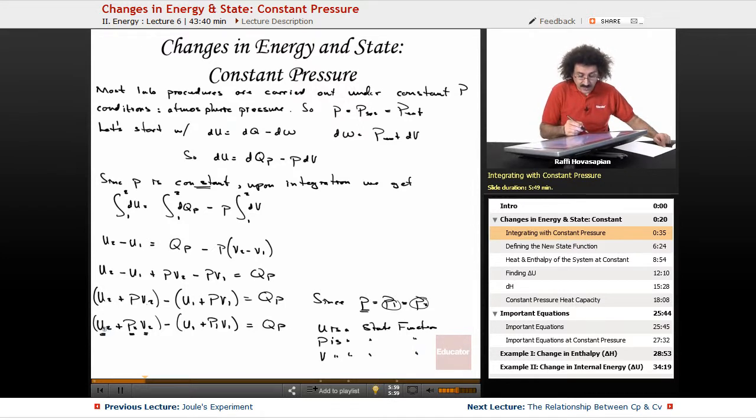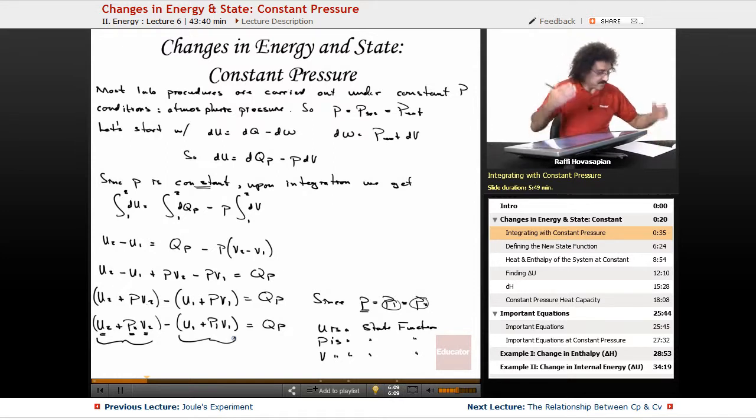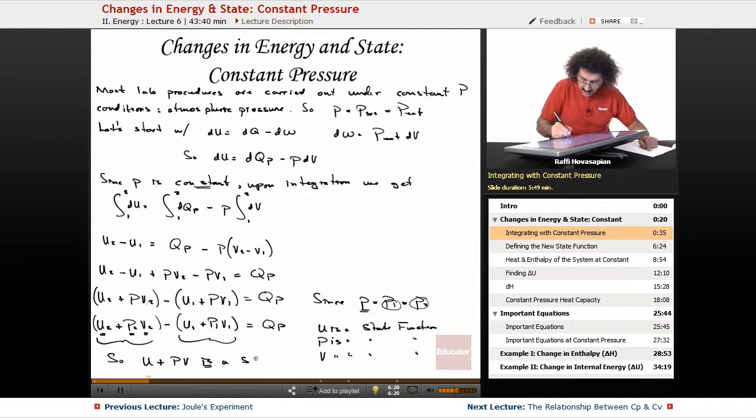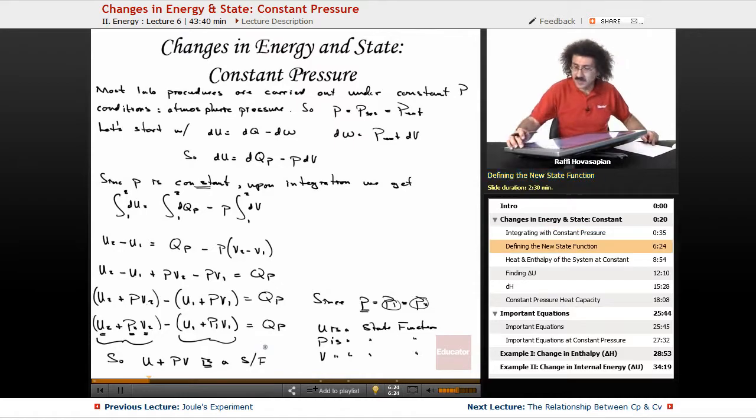Therefore, the product of pressure and volume is a state function, and the sum of state functions is a state function. So this whole thing and this whole thing are state functions. So this U plus PV is a state function.